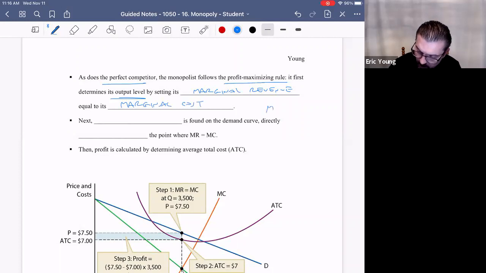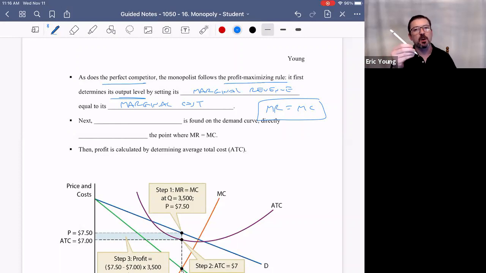In other words, we're going to follow the old MR equals MC rule, which by now you should have committed to memory. So step one, we know a downward demand curve and a downward MR underneath it. Step two, determine our output level by setting MR equal to MC.